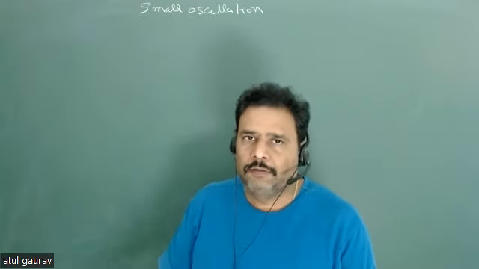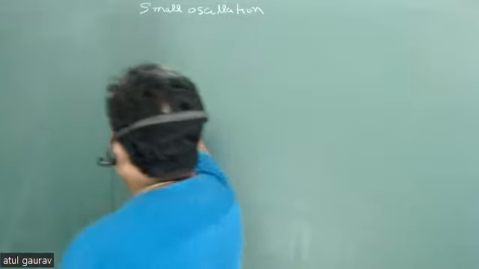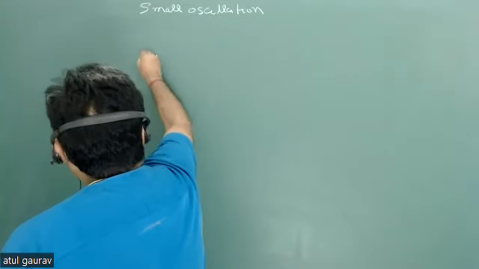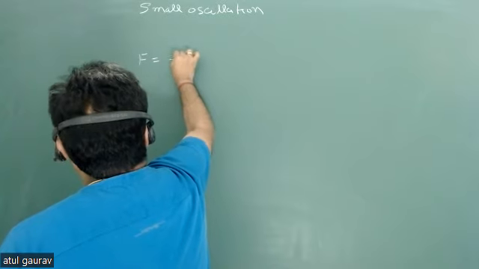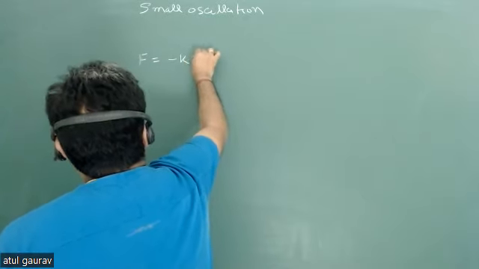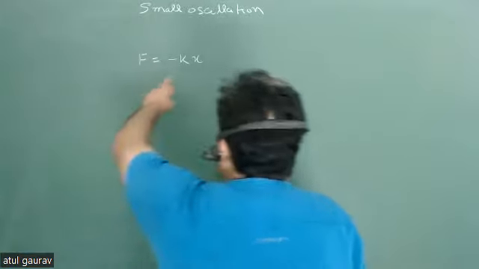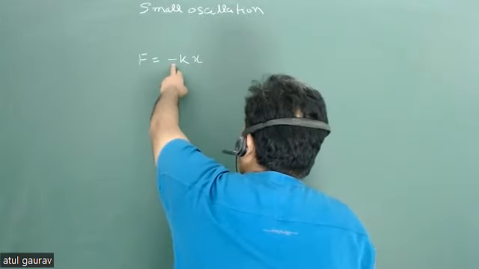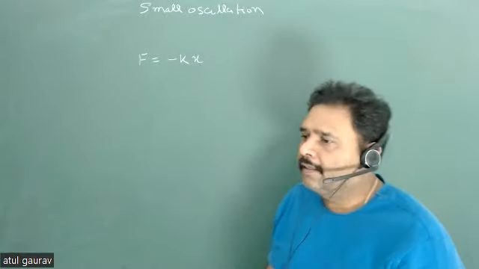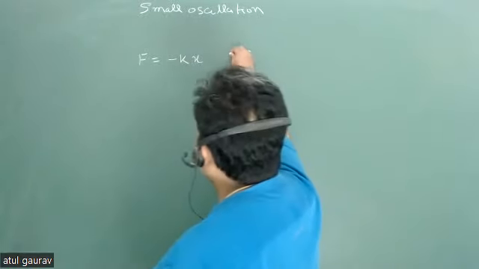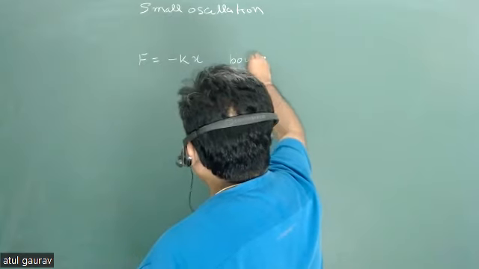Whenever my force is restoring in nature, that will be something like this. So the force is restoring, that is, a minus sign is there, and it's linear in x. Then the motion is obviously bounded in nature.